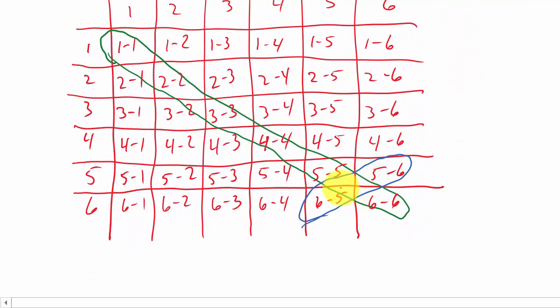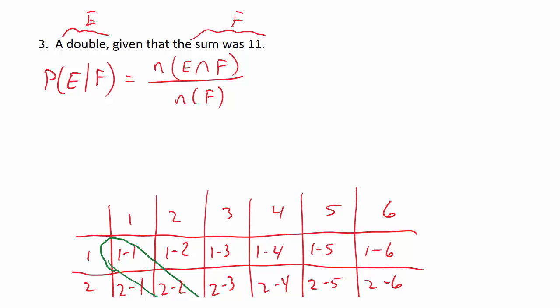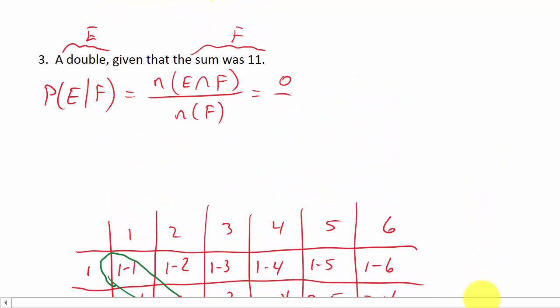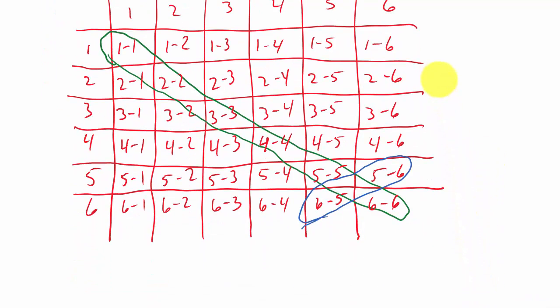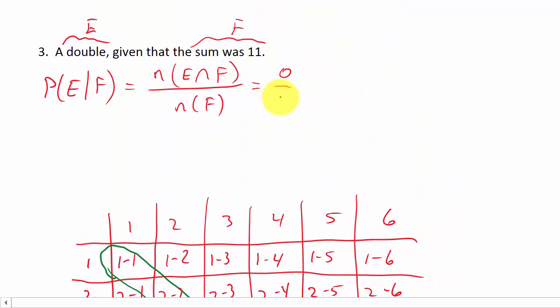Well, they have nothing in common. You see that? They have nothing in common. So that would be 0 over, and then the number in F is 1, 2, a sum of 11. And so this probability is 0.